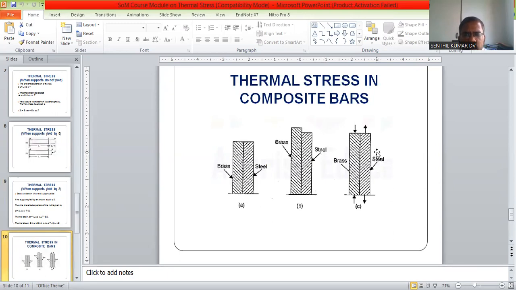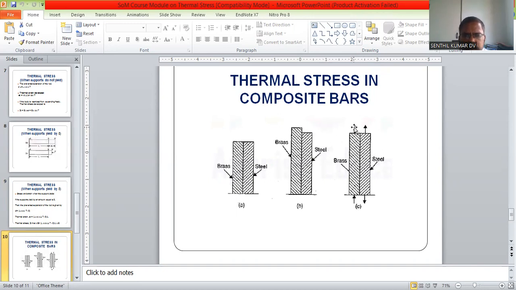But as a composite rod, these two have to function as a single unit, and hence the final elongation of the composite unit will be slightly lesser than the free expansion of the brass, while it is slightly higher than the free expansion of steel.